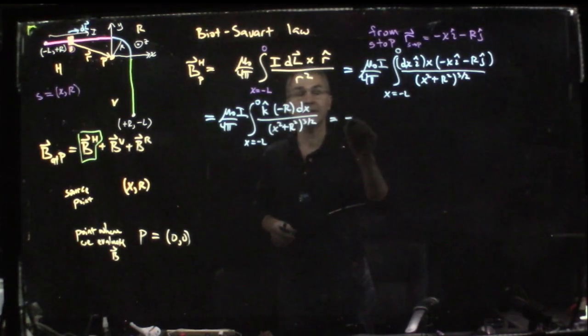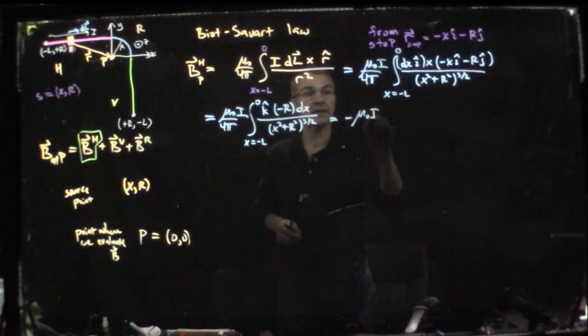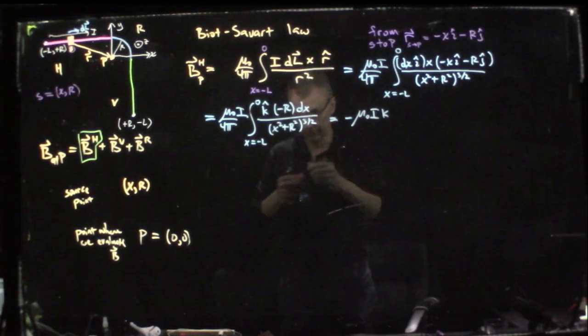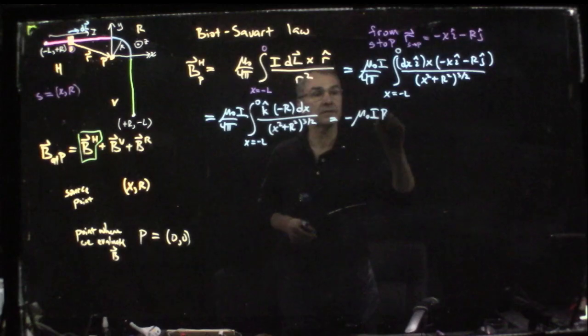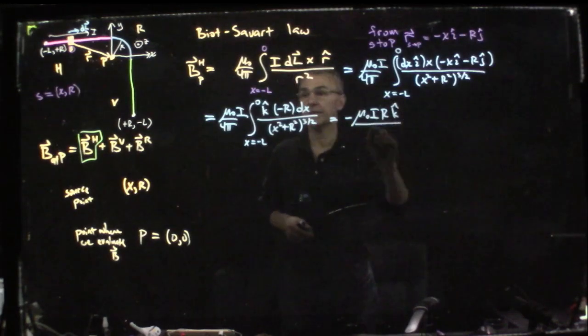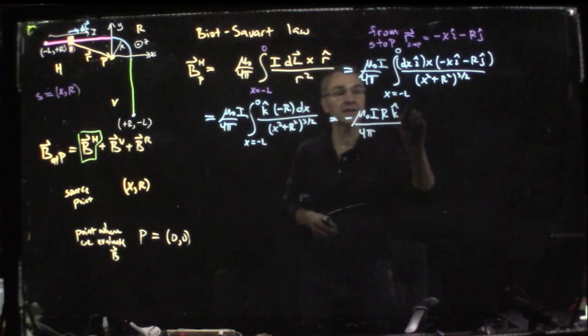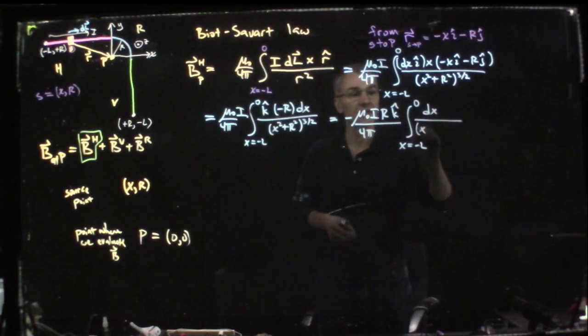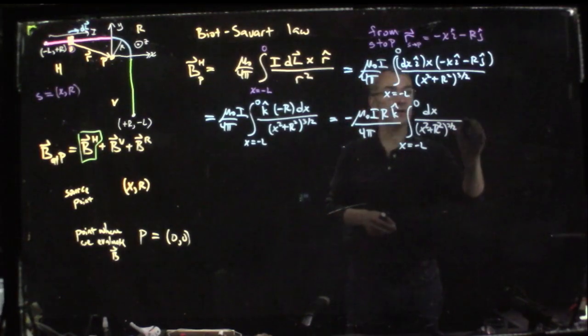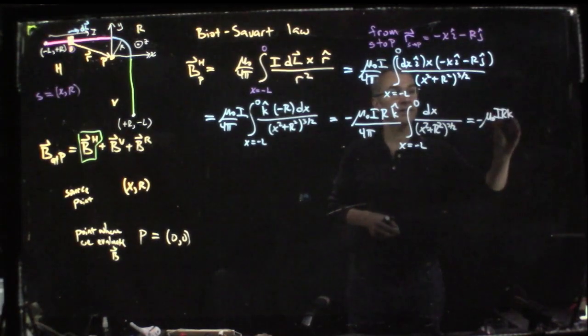So this is minus mu naught I, oh, there's an r also, minus mu naught I r k hat divided by 4 pi, and then we have the integral x is minus L to 0 dx over x squared plus r squared to the 3/2 power. Okay, so this is minus mu naught I r k hat over 4 pi.